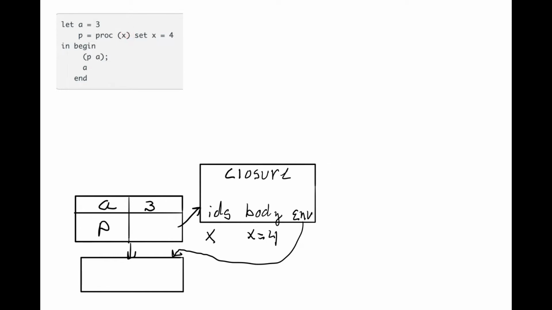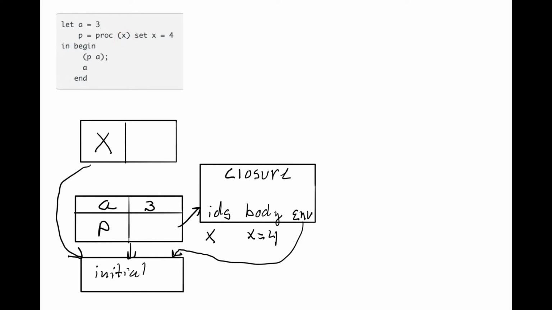And we need to extend the environment with the new parameter x. So once again, we are extending the environment that the closure captured. And the closure captured this environment, so we're going to extend it with its parameter x. Now what is x equal to? This is where call by value and call by reference will be different.